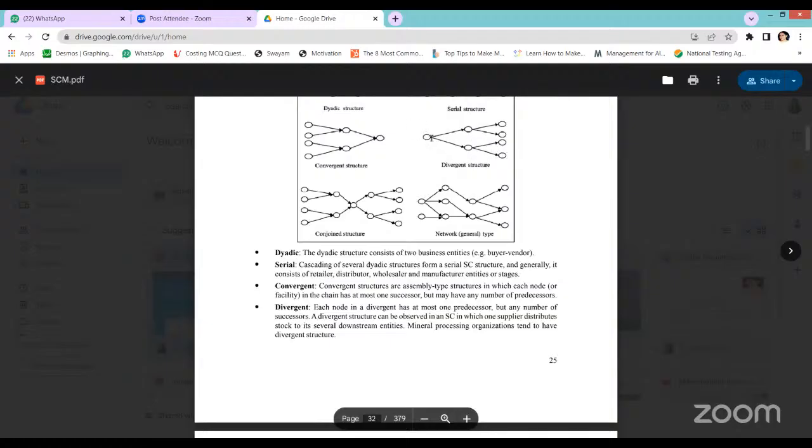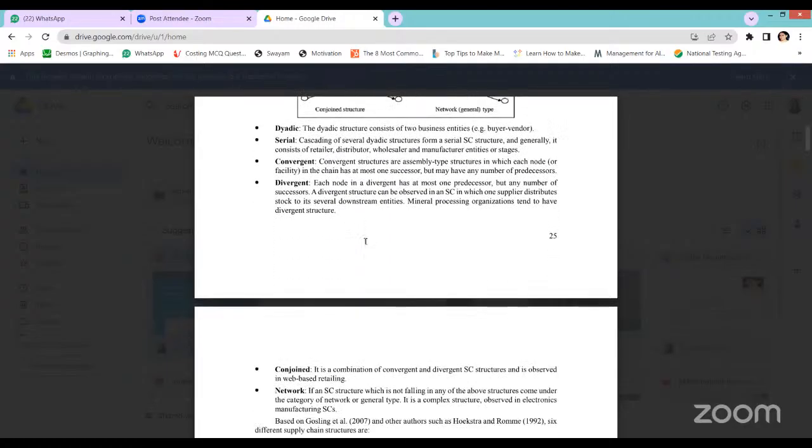Here it starts with only one supplier. You may have different distributors, and these distributors again have many other distributors or retailers. That is divergent. Then the conjoint structure and the network: in general, the facilities flow from any angle in any direction.